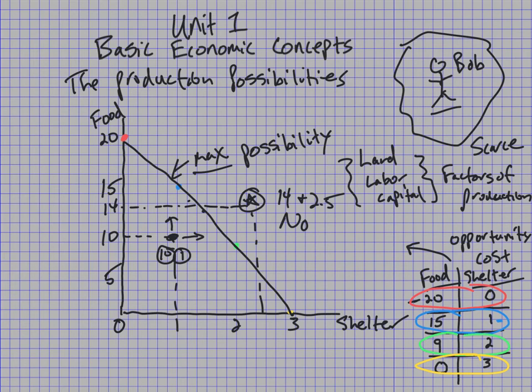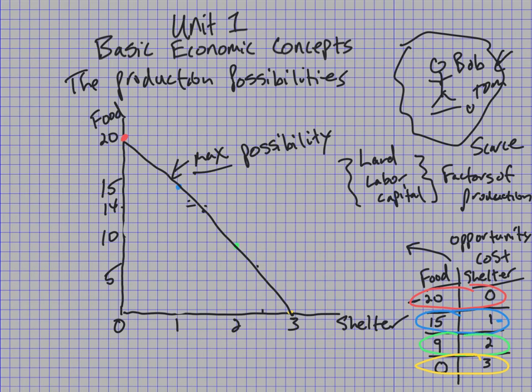Let's think about this a little bit more. I'm going to erase some of this stuff. Let's think about this a little bit more. Okay, what would happen if somebody else came to the island, and Tom was there? There's Bob and Tom. What do you think happens to the maximum possibility here?